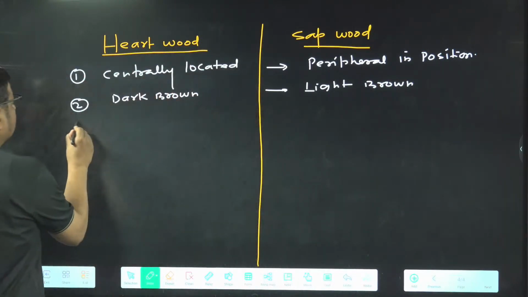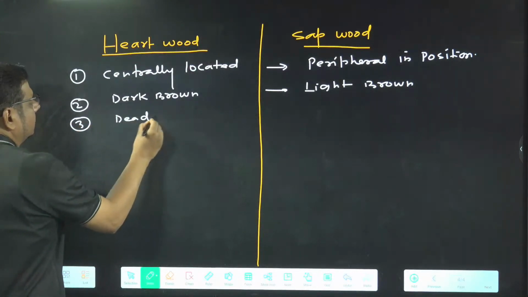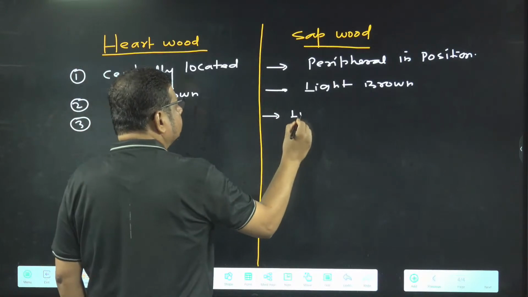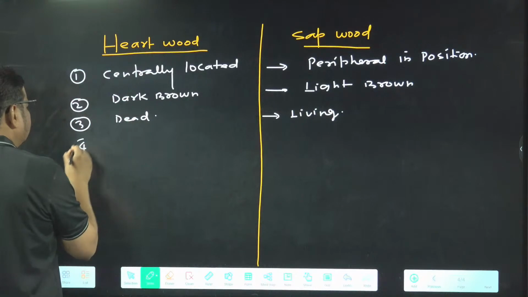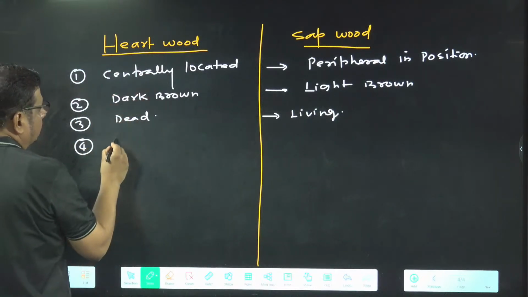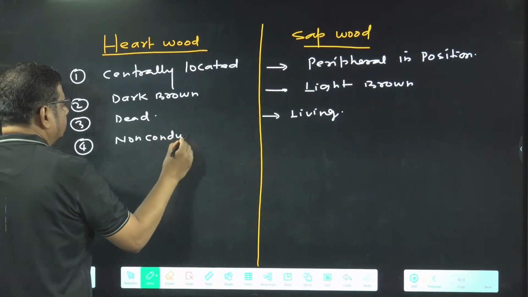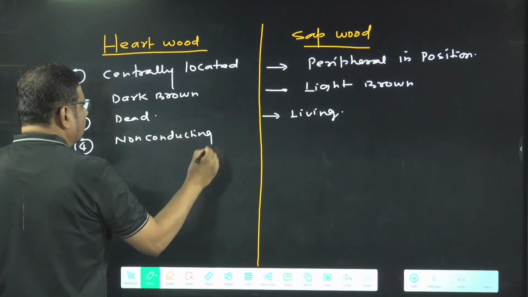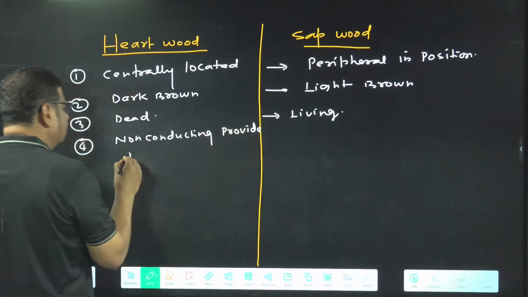If you talk about the third difference, heartwood is dead. Sapwood is living. If you talk about the fourth difference, heartwood is non-conducting. It provides only mechanical support.